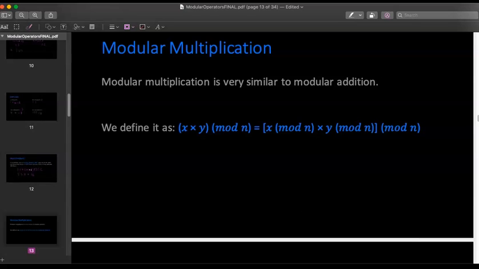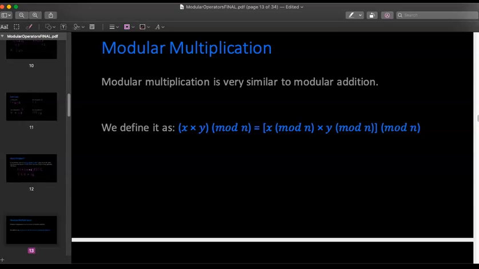Would this be like the distributive property of multiplication? Distributive property of multiplication. Let's see. Do you want to explain what you mean by that? The distributive property of multiplication? Because it is very much like that.